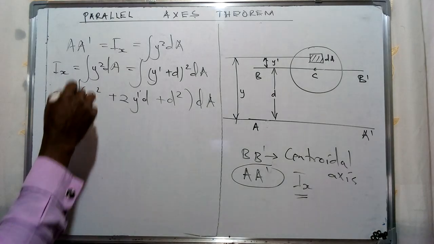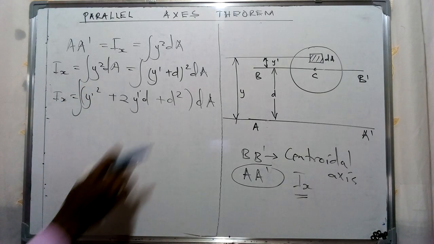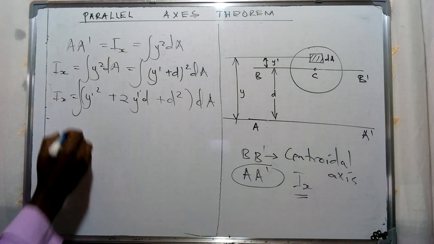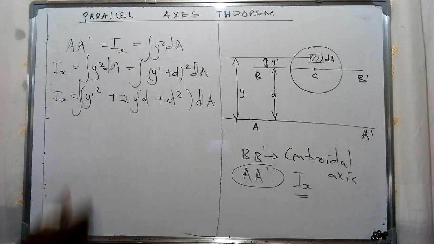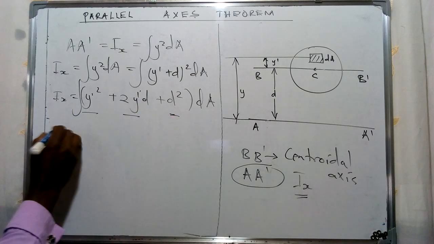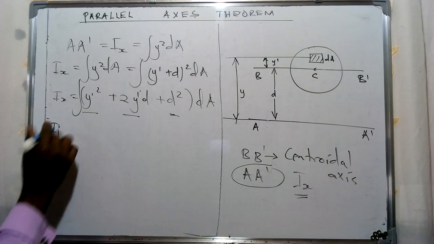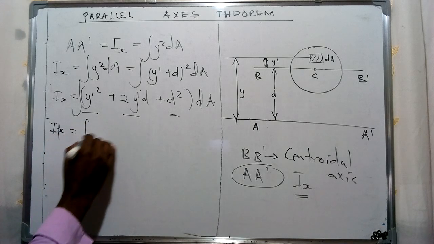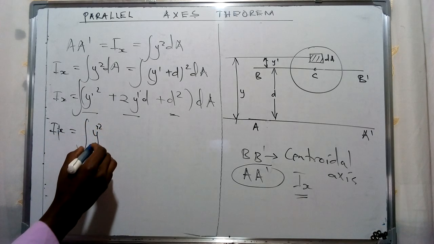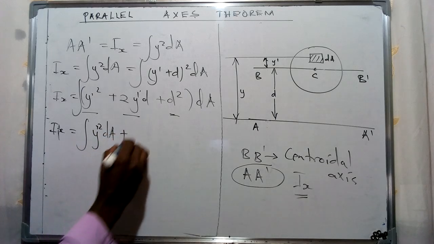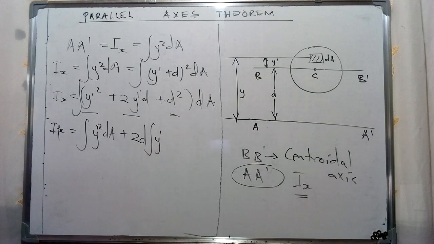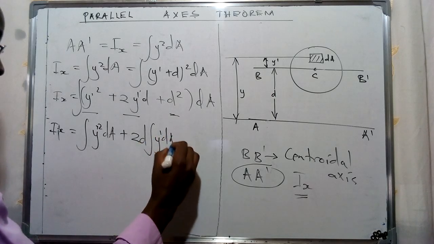So we're going to find the integral of all of this. In this case, we're going to do an evaluation of the middle part, which we're going to see. So for us to find the various integrals for these specific terms, for the first, second, and third term, the moment of inertia is going to be given as the integral of y prime squared dA, plus 2d, the integral of y prime dA for the second term.